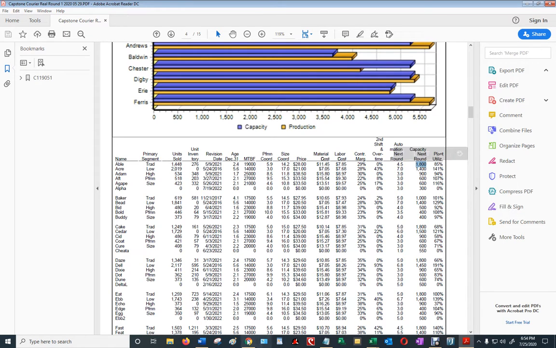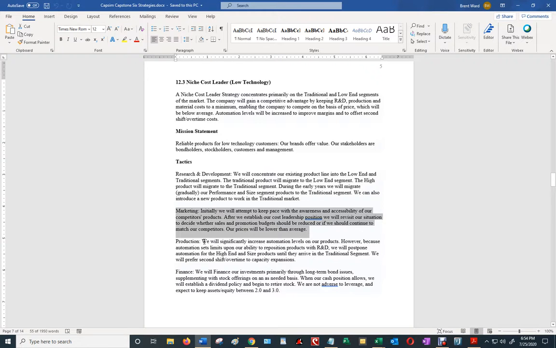Again, I should be looking at my strategy overall. Okay, look at the strategy document. It says we will significantly increase automation levels on our products. However, because automation sets limits on our ability to reposition products with R&D, we will postpone automation for the high-end and size products until they arrive in the traditional segment. We will prefer second shift overtime to capacity expansions.